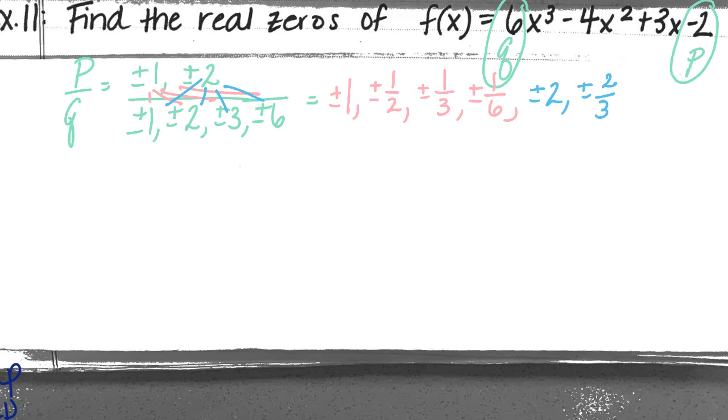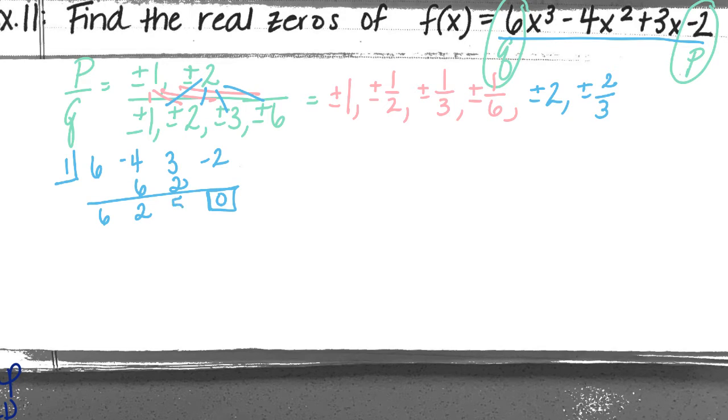Now, if you were not provided a calculator, you would have to plug in every single one of these to see if they work. So for example, I'm going to use synthetic division, put the numbers across: 6, −4, 3, −2. I know it's a factor if 0 is the remainder.